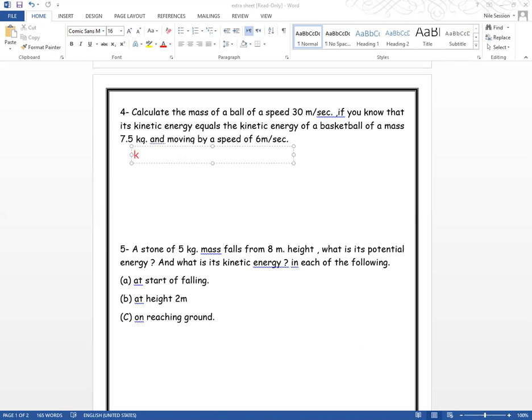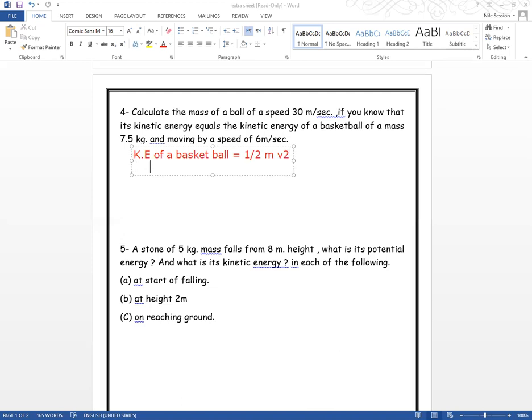The kinetic energy of a basketball equals half mv square.